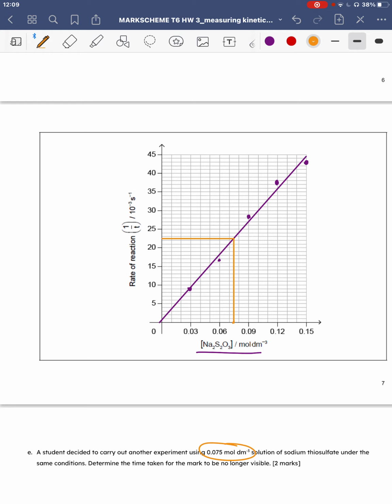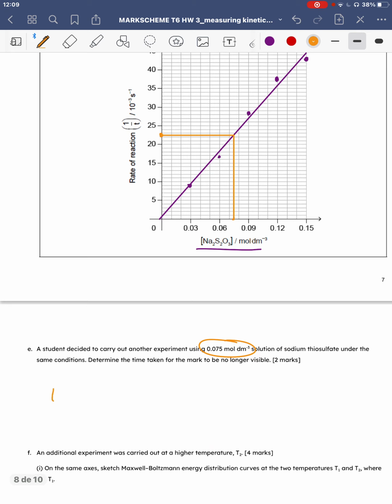And so the time, we have this, that's 22.5. Remember this was the reciprocal, so the time is equal to 1 over 22.5 times 10 to the negative 3. Notice the units.